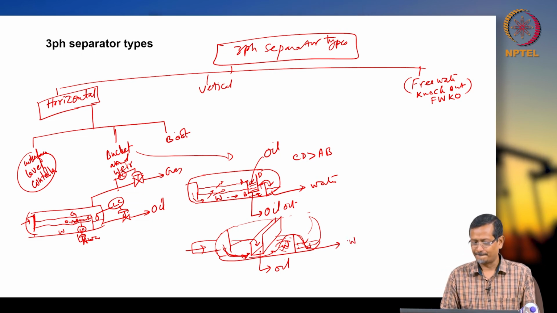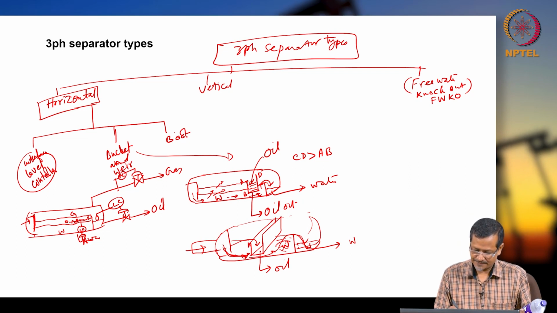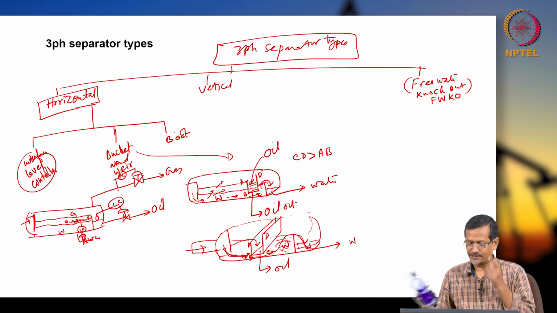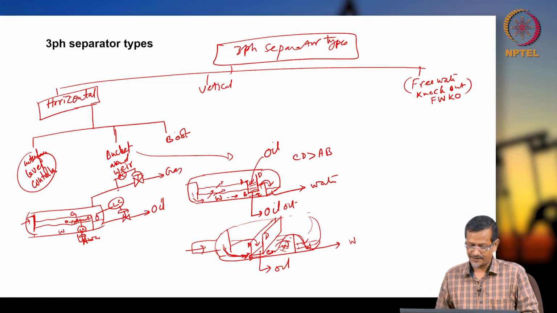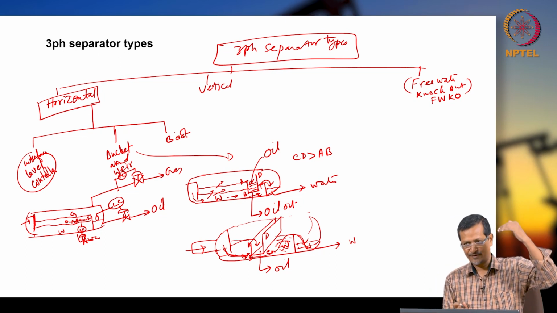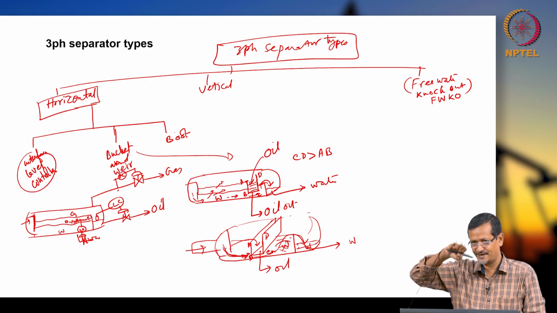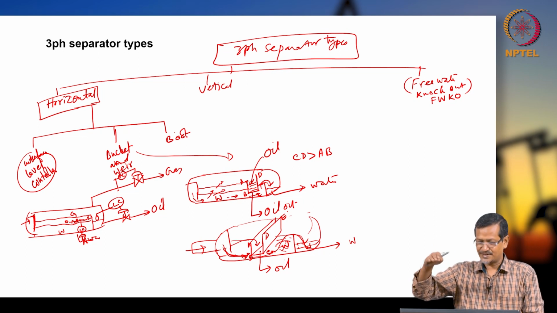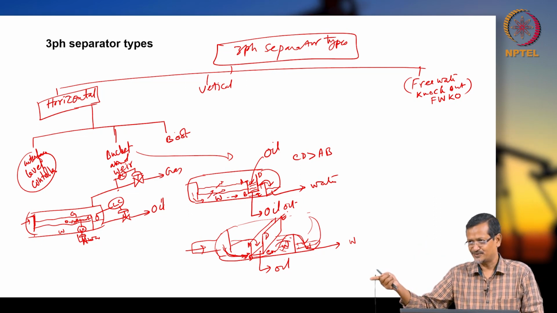So your legs A, B, C, D: CD will be longer than AB. Whatever oil you are getting, oil will be splashing, but it will not cross the D line, DE. If it is crossing DE, then the water outlet will get oil also.